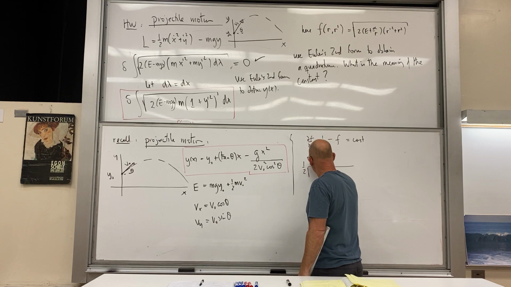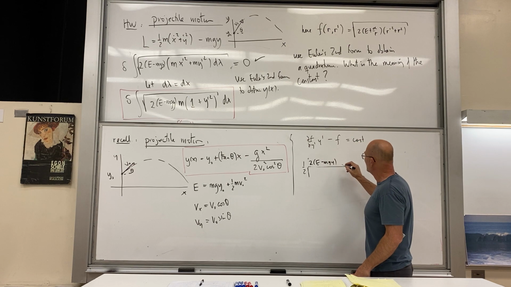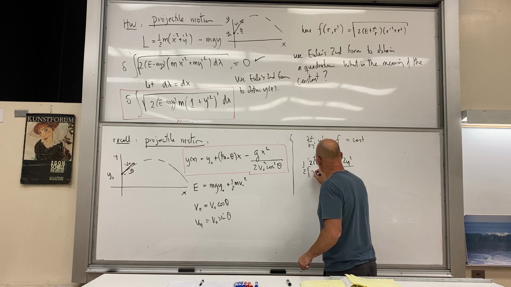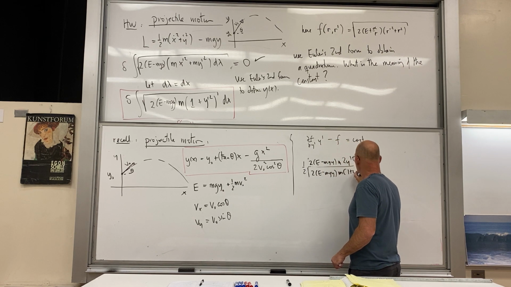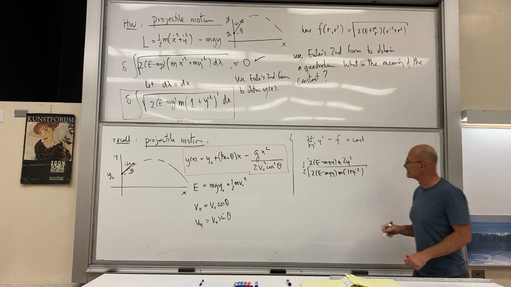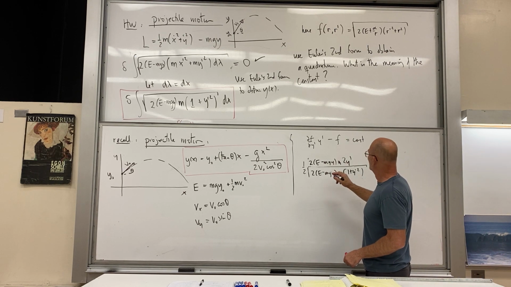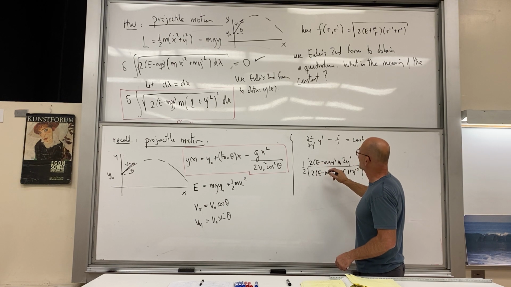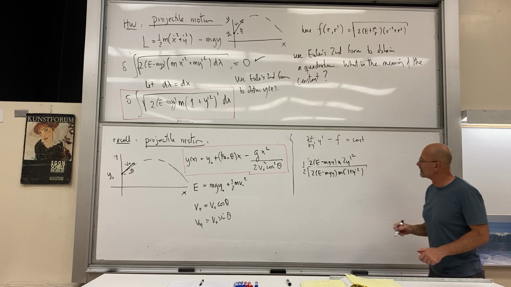So we have 2e minus mgy over m, times 2y prime. Okay. And this whole thing here, 2e minus mgy over m, times 1 plus y prime squared. And then this y prime here gives us a y prime squared right there.